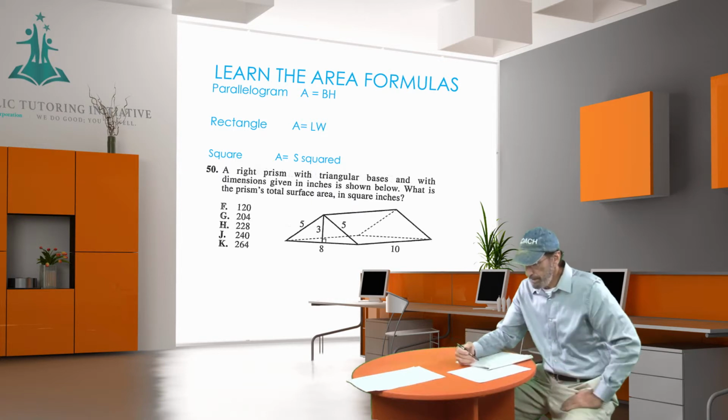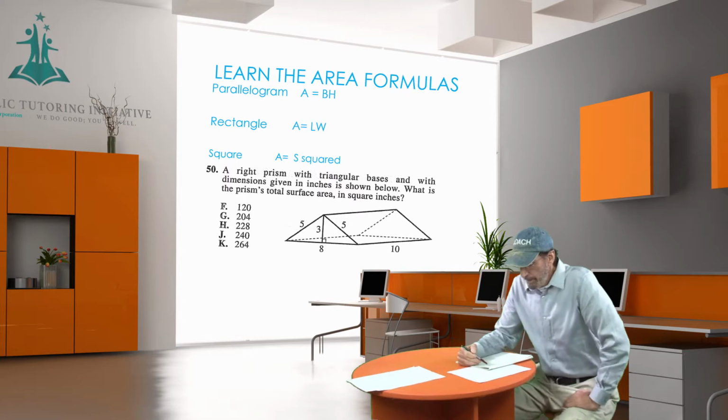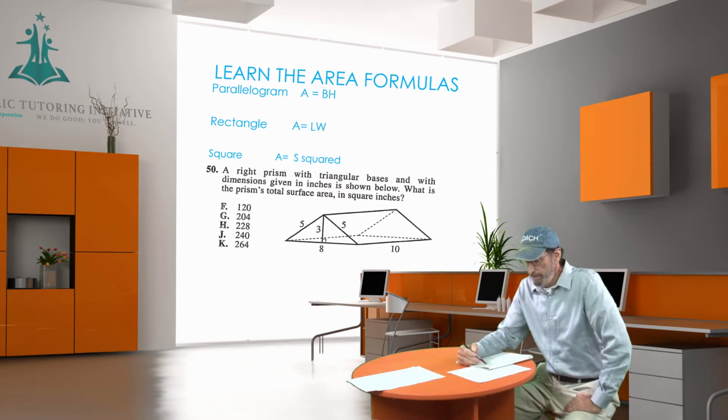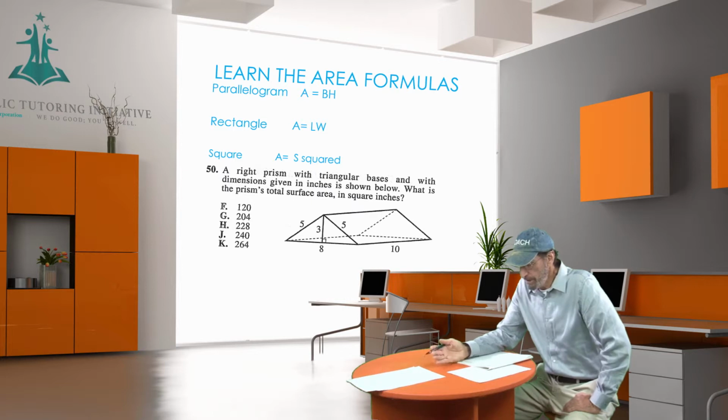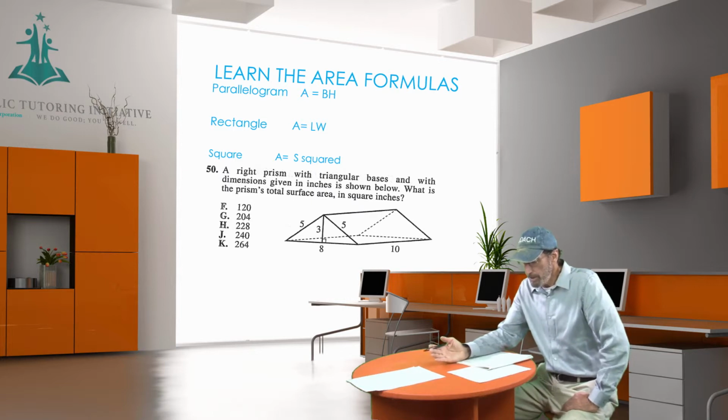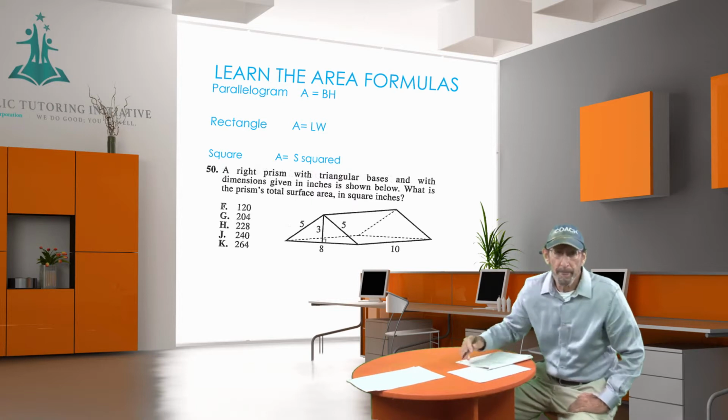And you know that the area of a triangle is 1/2 base times height. So the area of each of the triangles is 12. All you have to do is add these up to get the surface area. This is not a hard question if you know your area formulas.